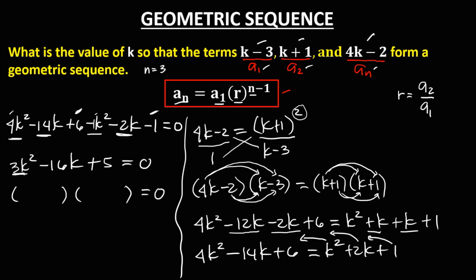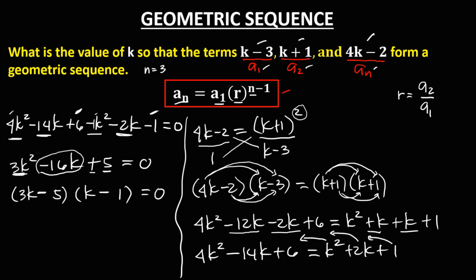So find the factors of 3k squared. So this one is 3k times k. Then since the middle term is negative and this one is positive, therefore all the signs are negative. Then factors for 5, so that's 5 times 1. And if we put 5 on this side, then this is 1.